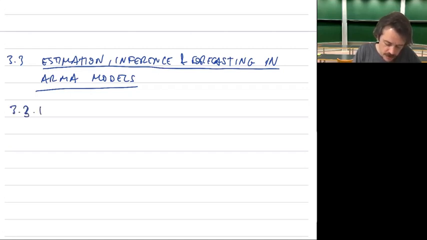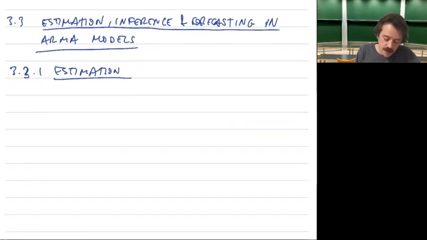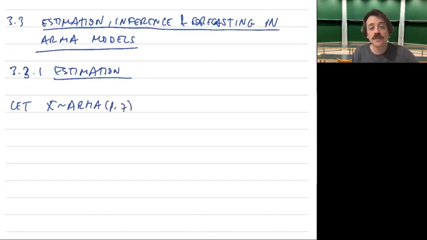Okay, so 3.3.1. This is estimation. Let's begin with an ARMA process, as I was just saying, for estimation with orders P and Q, and we're going to make several assumptions. So we're going to assume first that it is Gaussian.